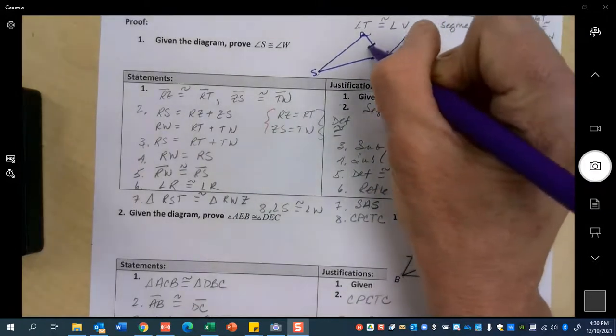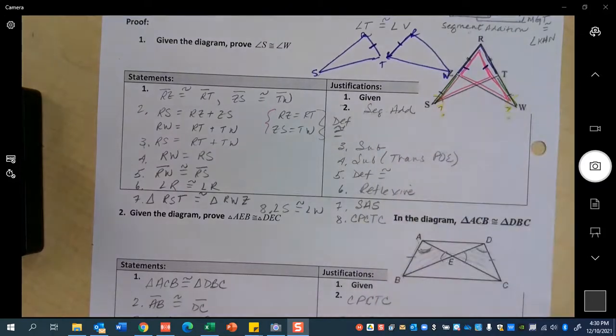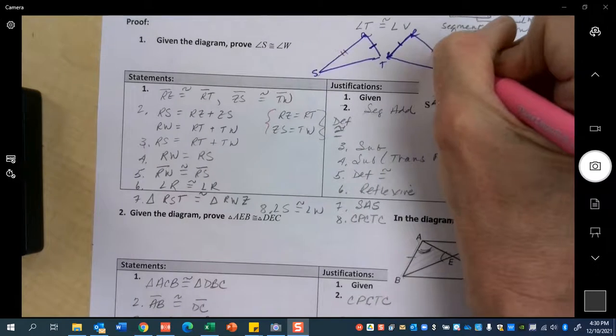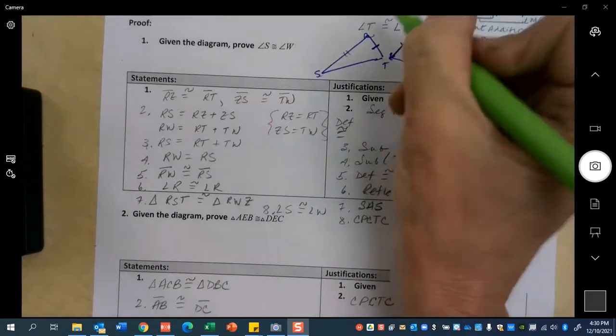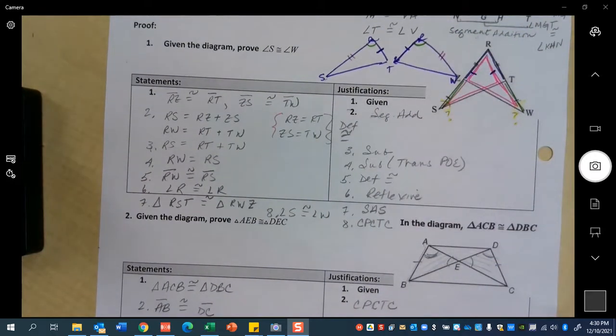These were the sides I was originally given. By segment addition postulate, I was able to get these sides. Because R is congruent to itself, I was able to get these. And then, of course, through CPCTC, I was able to get my angles congruent.